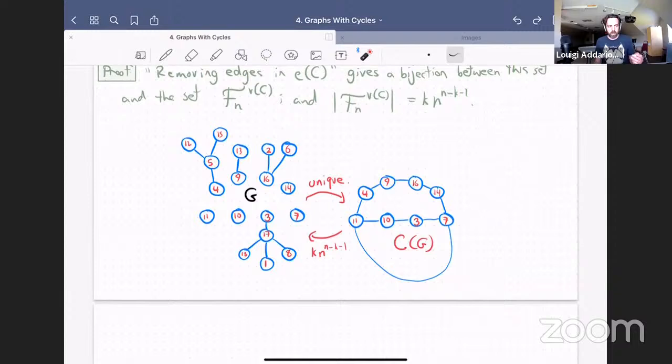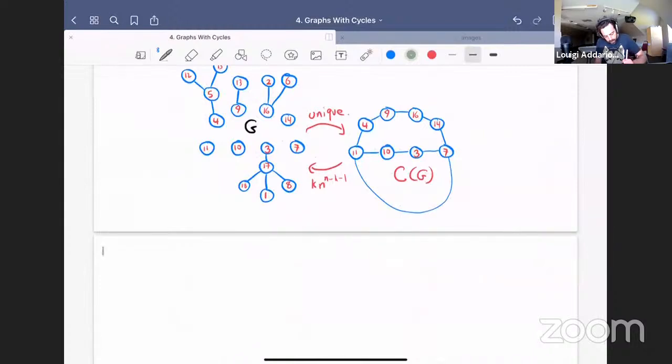So we're going to do a similar thing here. We're going to take this picture and collapse it down to a picture where these degree 2 paths get suppressed. And that gives us a thing called the kernel.